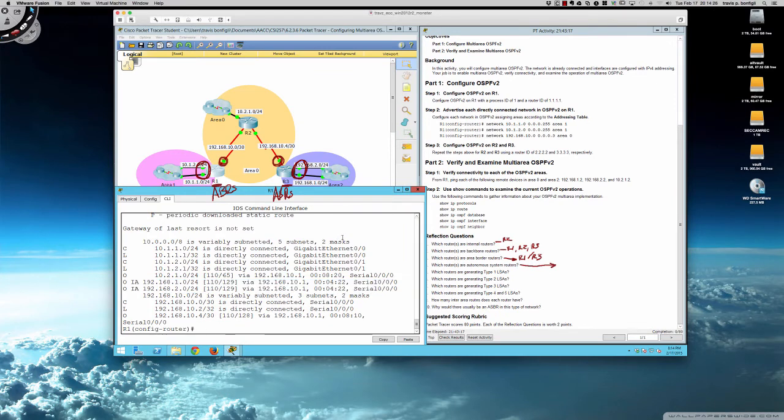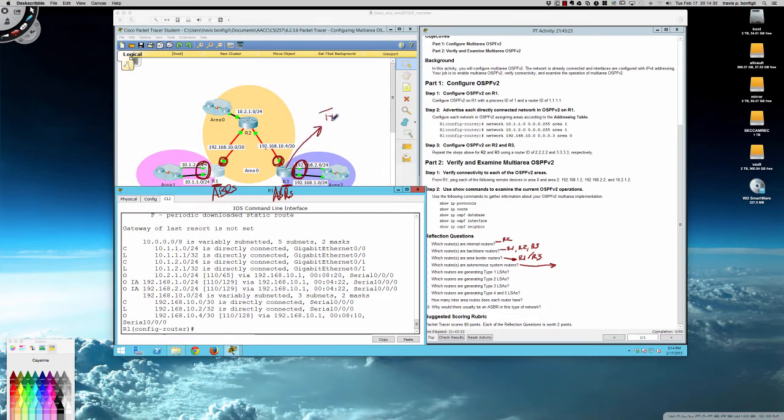So from router 3's perspective, he learns about the type 1 LSAs that are in his area. And then what he does is he will inject a type 3 LSA into area 0, right?